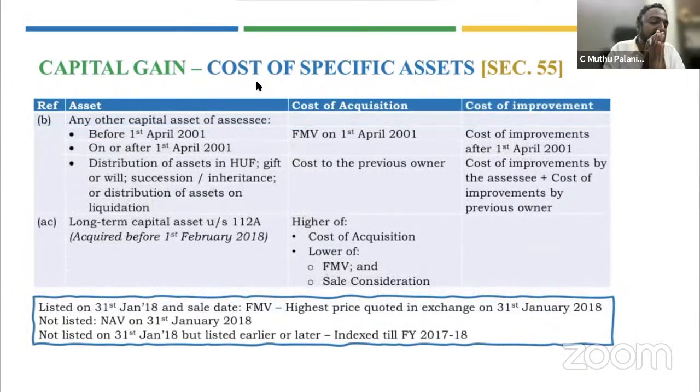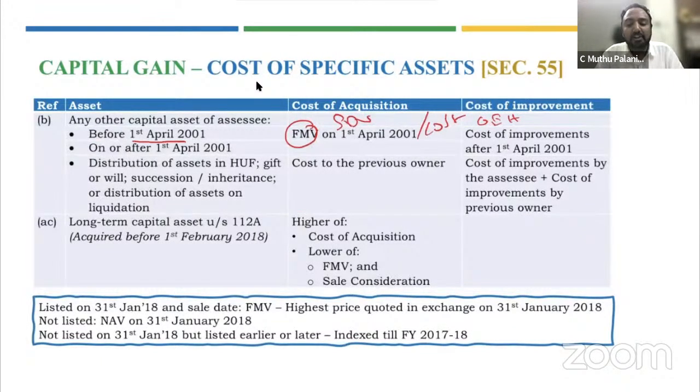Any other capital asset acquired before 1st April 2001: fair market value or cost, whichever is higher. In case it is land or building, you should also consider stamp duty value.